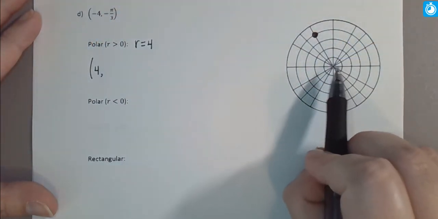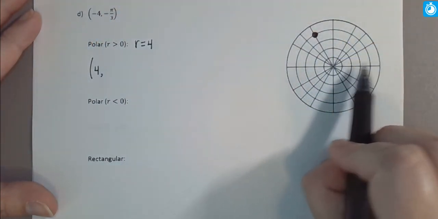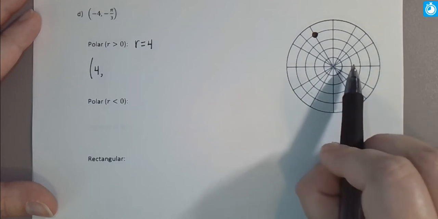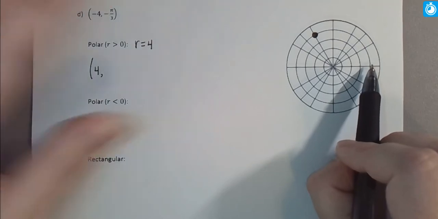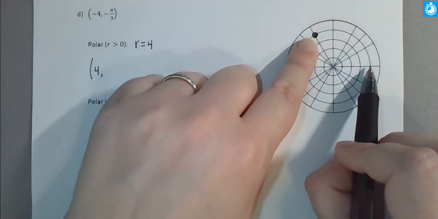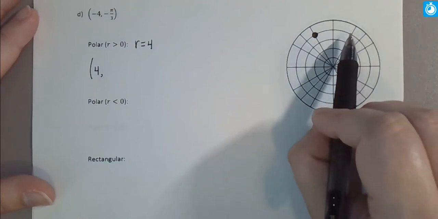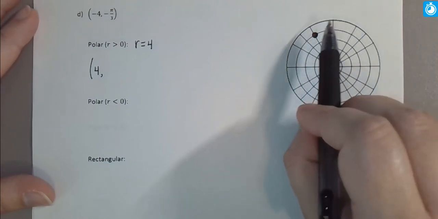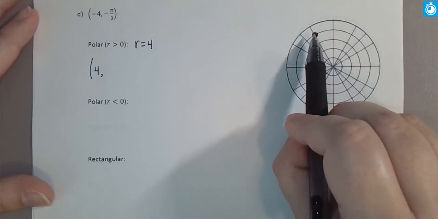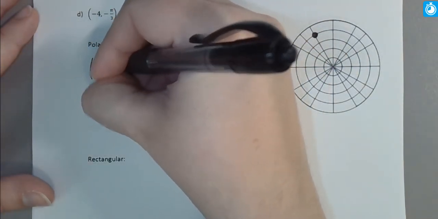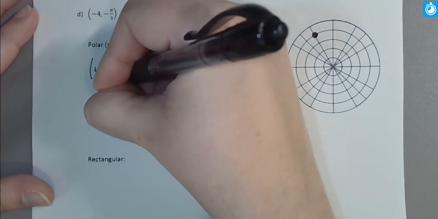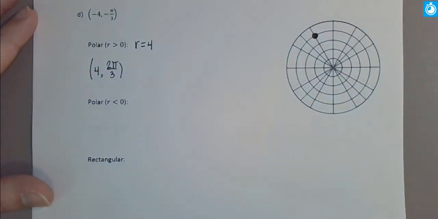Assuming we started along the positive polar axis, where r is +1, 2, 3, 4, how much would we rotate if we wanted to go in the positive direction in order to get to this location? Well, we could travel pi/3 and then 2 pi/3 radians. So 2 pi/3 would also take us to the same location.